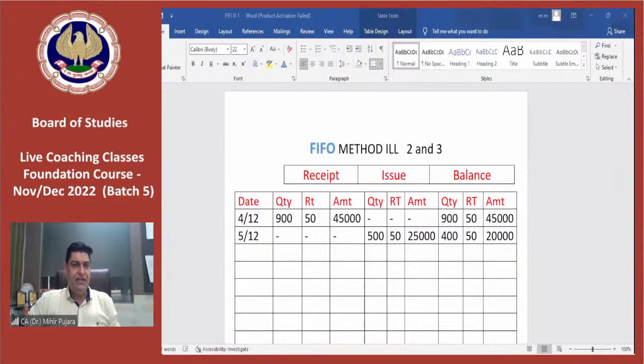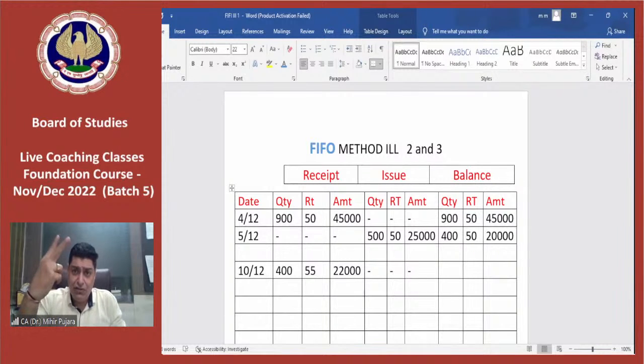So let's start with 10th, 455 at 50, so 22,000. No issue, guys. So now I have 2 different lots.